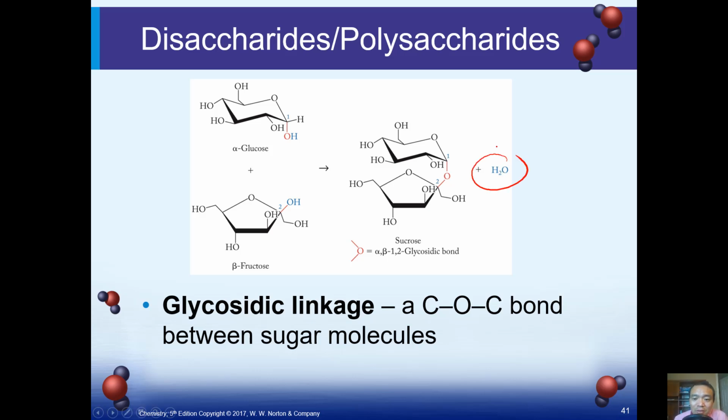That's the so-called condensation reaction, in which you lose a small molecule. It could be H2O, could be HCl, etc. The resulting C-O-C bond, this is carbon, this is oxygen, this is a carbon. So this is the C-O-C bond, as you see over here. That's the so-called glycosidic bond.